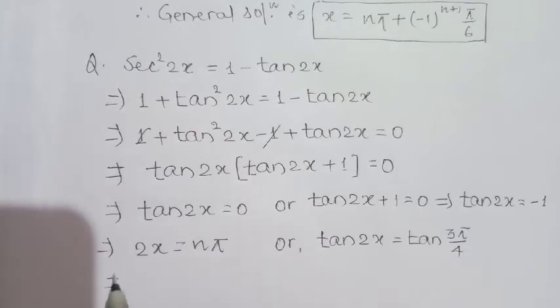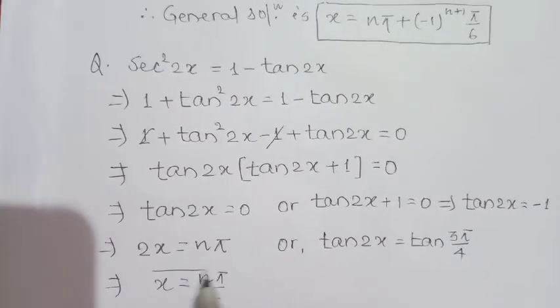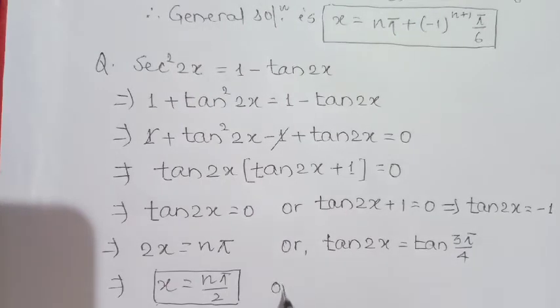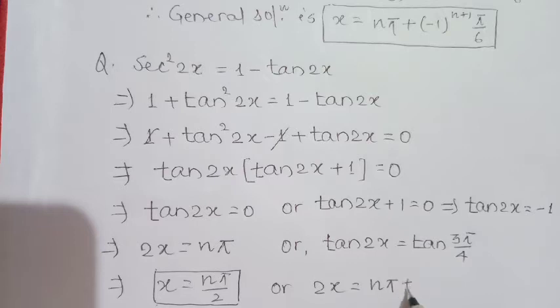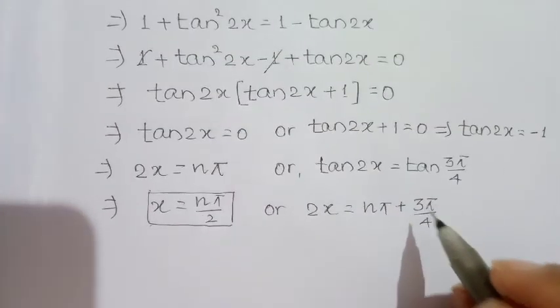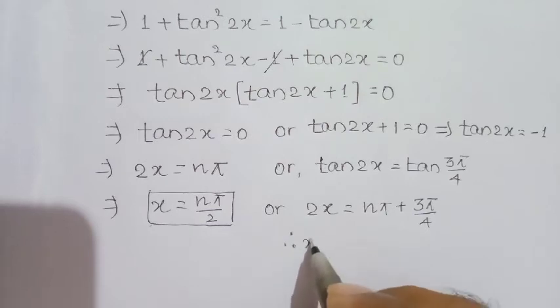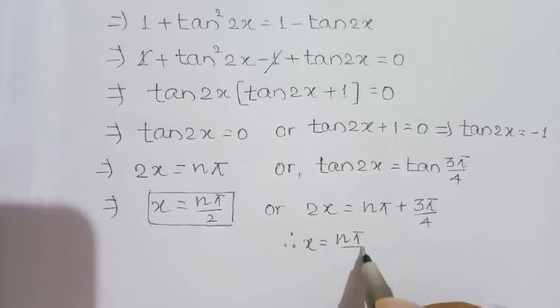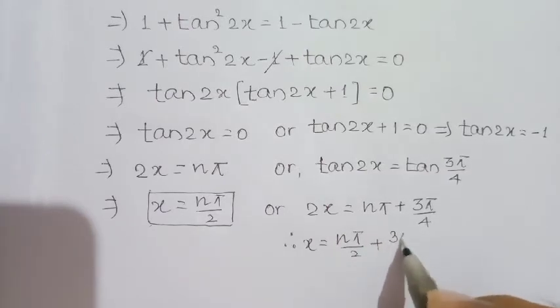From here we get x is equal to n pi by 2 as a solution, and from here, the second part, 2x is equal to n pi plus 3 pi by 4, and further x is equal to n pi by 2 plus 3 pi by 8.